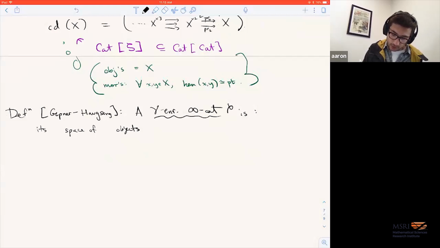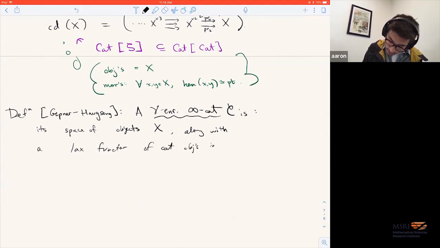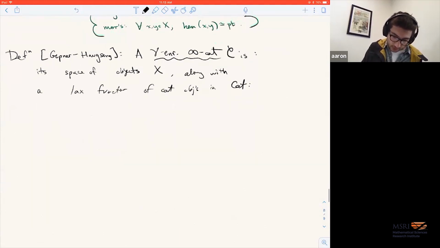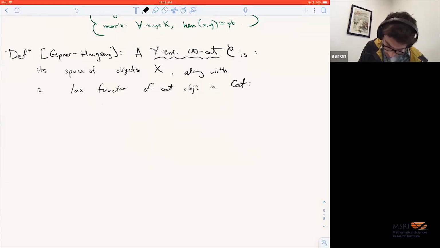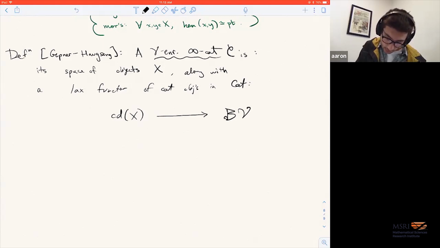I'll call this C. Its space of objects, I'll just call that X, along with a lax functor of category objects in CAT. So it's a lax functor, which I'll describe, which runs like this: CD of X mapping to that category object. And this lax functor is called Hom of C.